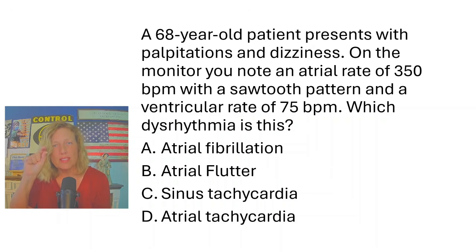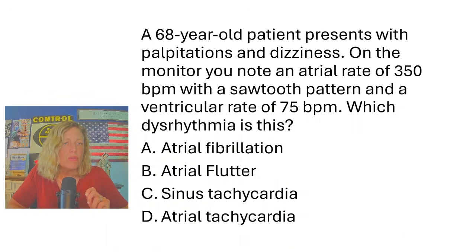Now, if it's a sinus beat, the P wave is upright and rounded. If it's an atrial rhythm, you're still going to have a P wave, but it's going to look different. So pay attention to what it tells you about the P wave, and that's going to give you some clue about how to answer the question.